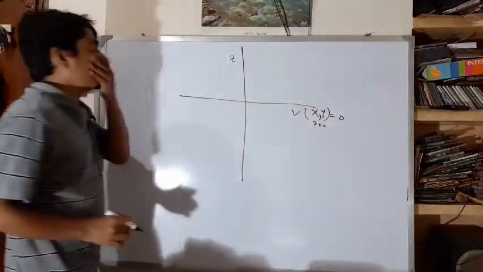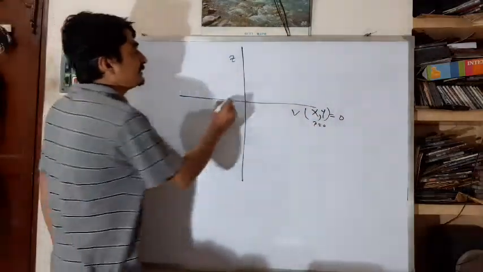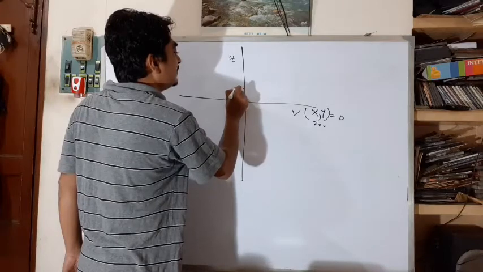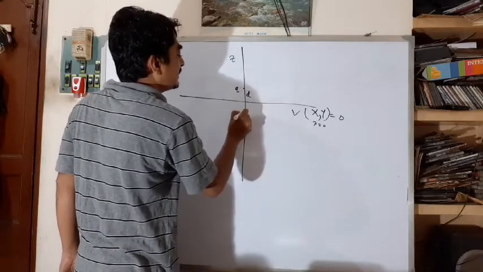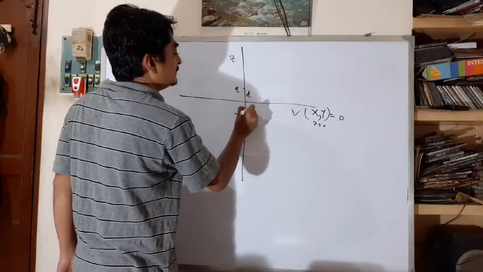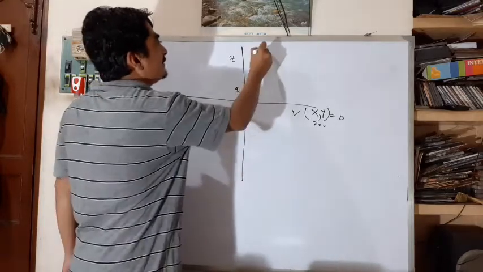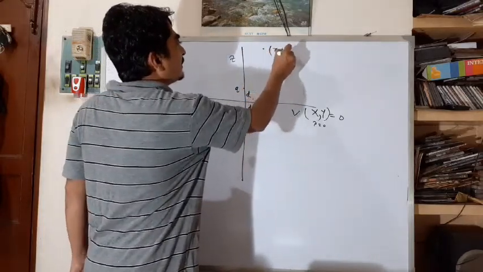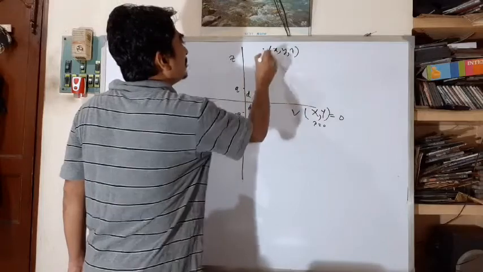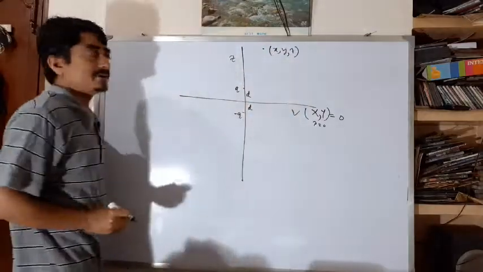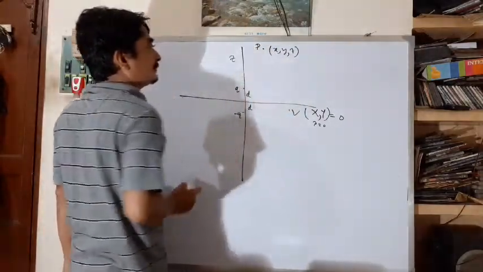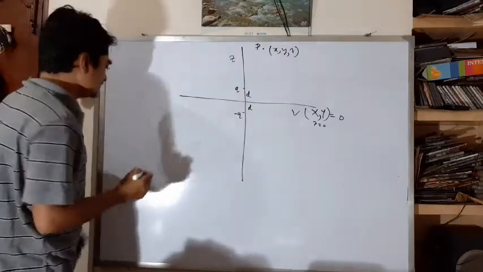Now we are thinking of a charge of q at distance d and minus q at distance d also, and an arbitrary point x, y, z. What will be the potential at that point P? It's very easy.